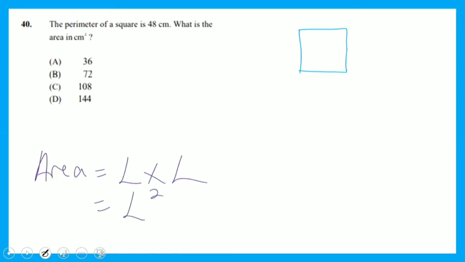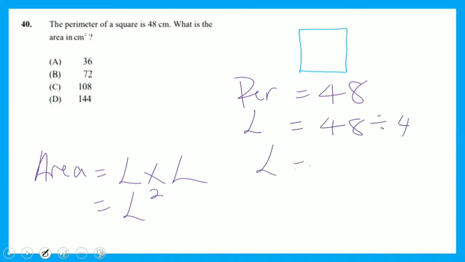Now we know that the perimeter is 48, and that means we need to find the length of each side. If the perimeter is 48, then the length of each side is splitting up the perimeter into four equal lengths. So that's 48 divided by 4, and we know the length of one side is 12 centimeters.